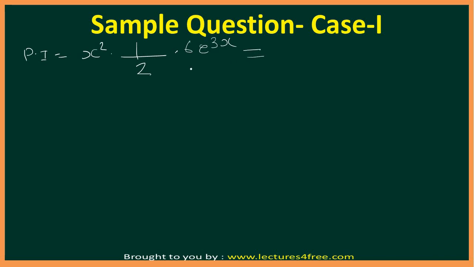Now we have no D term here, so we don't need to put 3 in place of D. So this will be your particular integral: 2 by 6, that is 3x square e to the power 3x.